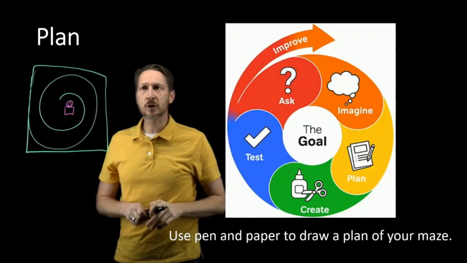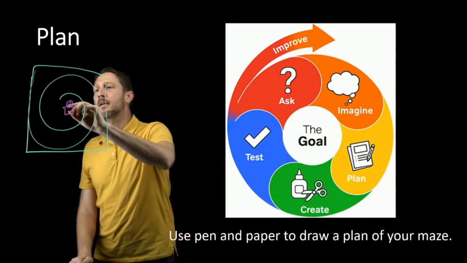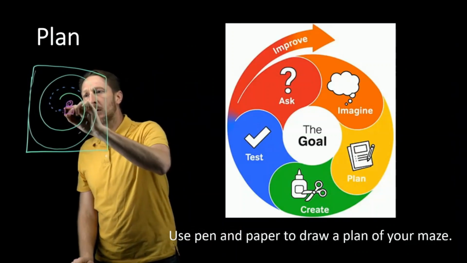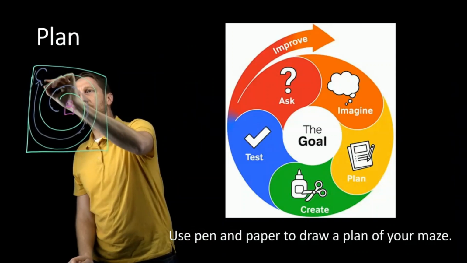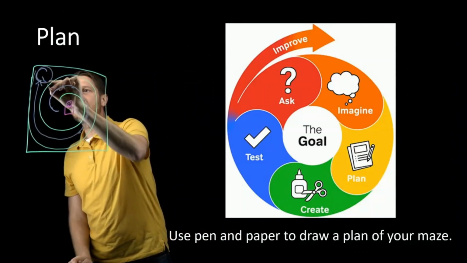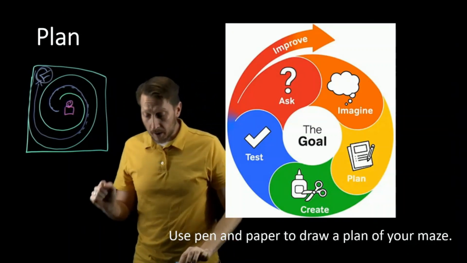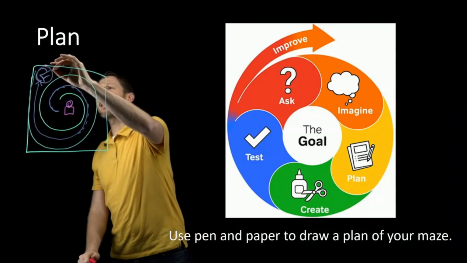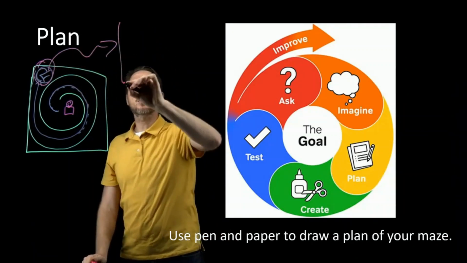The character needs to walk through this spiral. I'm going to have them walk around in a circle. And when they get here, this is going to be the finish. Okay, so that's going to be my maze. When they get to this finish line, when they make it to the end, I want to go up to a different screen.